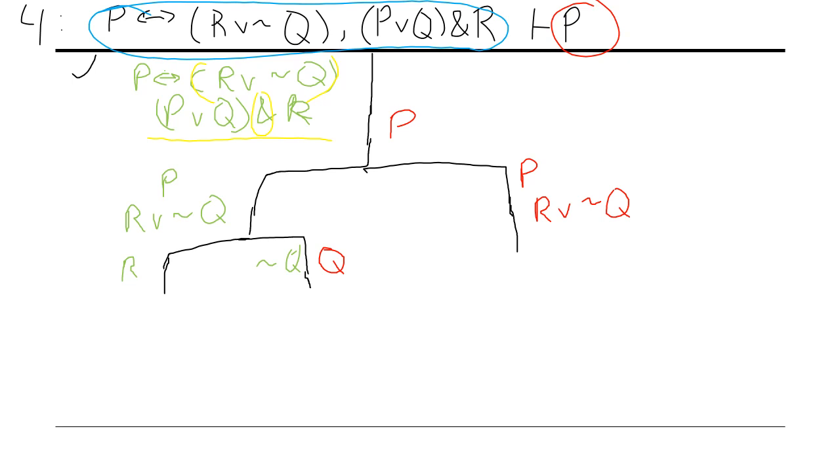So what makes an OR sign false? Because our main operator here is our OR sign. What makes an OR sign false is where they're both false. Q. And then I just need to flip that not Q across the line to make it just a regular Q. Again, trying to save a little bit of room.